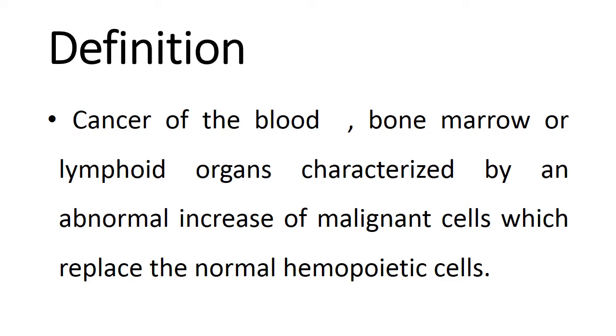If the presentation is in the form of bone marrow infiltration and peripheral blood infiltration, then the cancer is called leukemia. While if the presentation is in the form of lymphoid organ swelling, in the form of lymphadenopathy or hepatosplenomegaly, this cancer is called lymphoma.